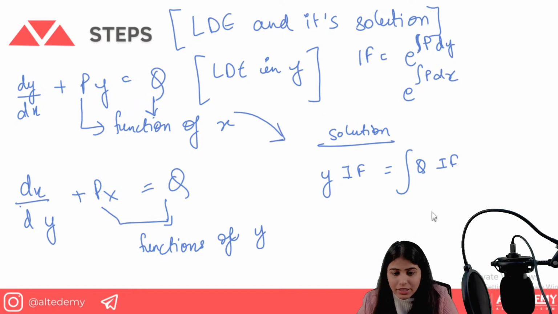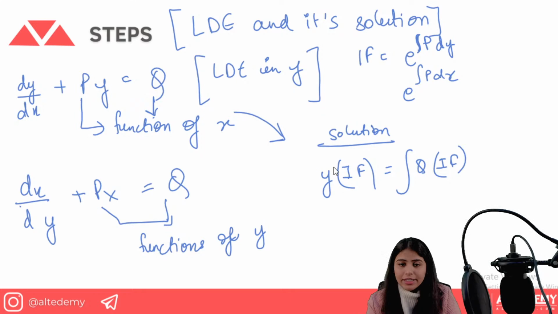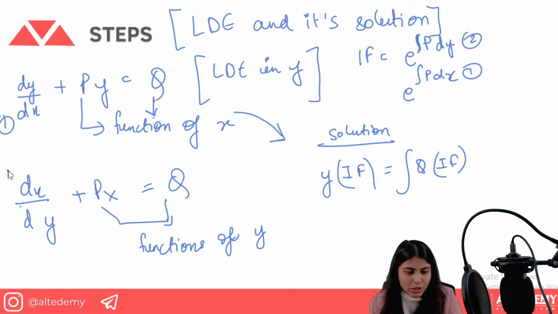Same thing is followed in this equation, where instead of y you substitute x, and then solve accordingly. So this is how you solve the differential equation of linear form. Firstly you find the integration factor, then you find the solution. This is of the second type, this is of the first type. So this was the first type of linear differential equation, this was the second type.